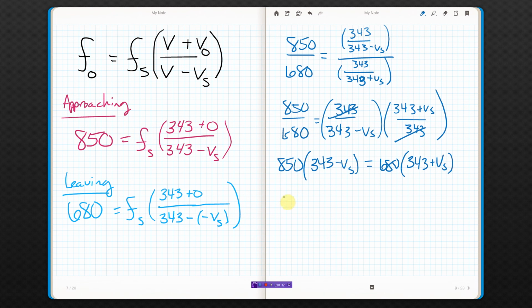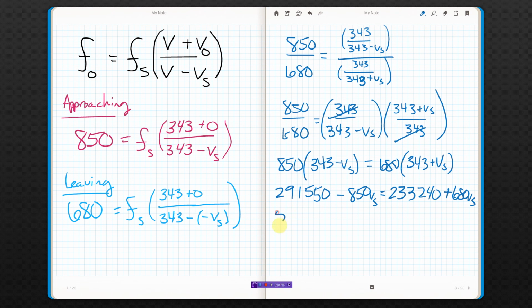Okay, distribute. So this gives me 291,550 minus 850 Vs equals 233,240 plus 680 Vs. Combine like terms.